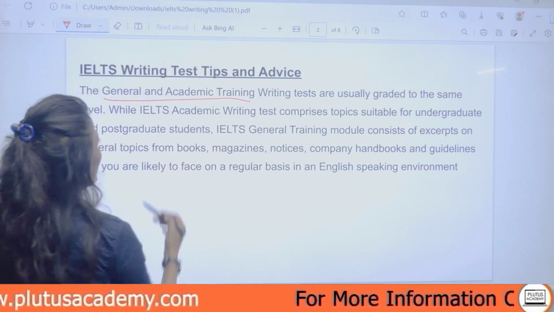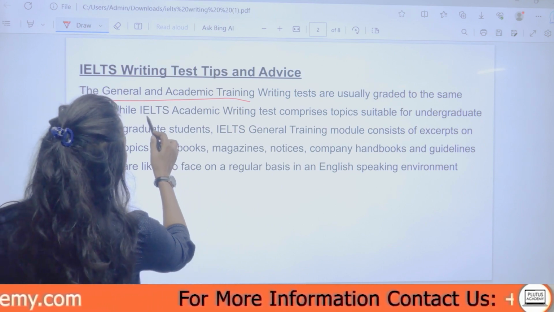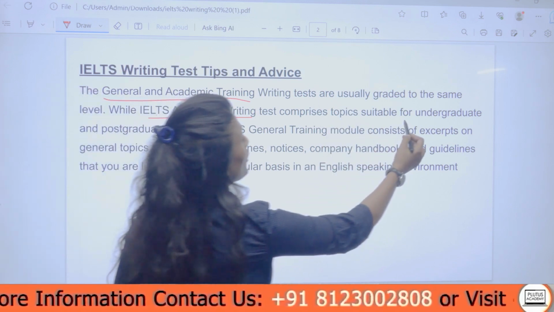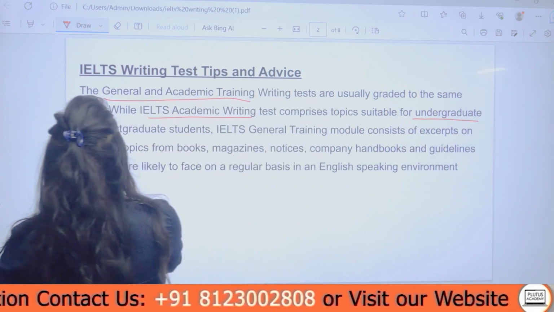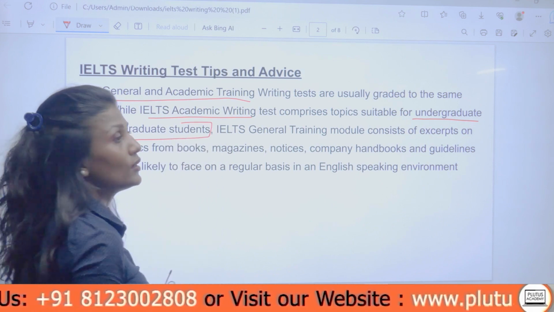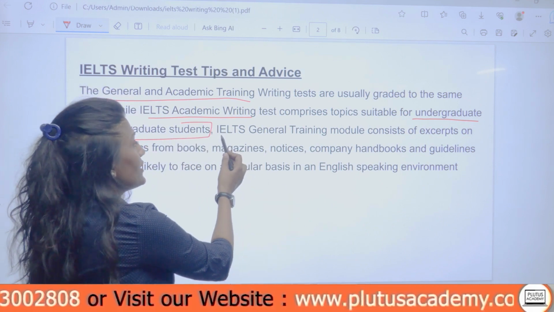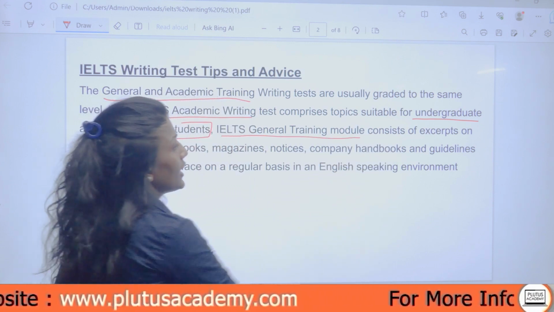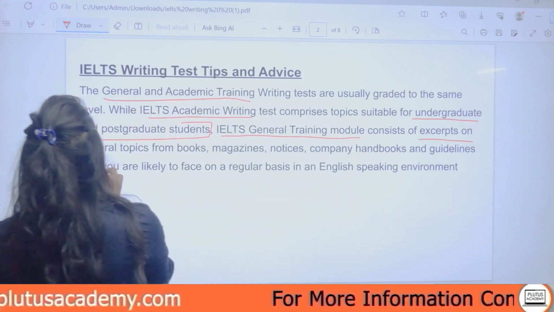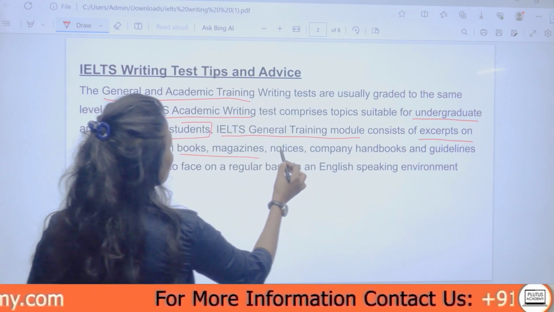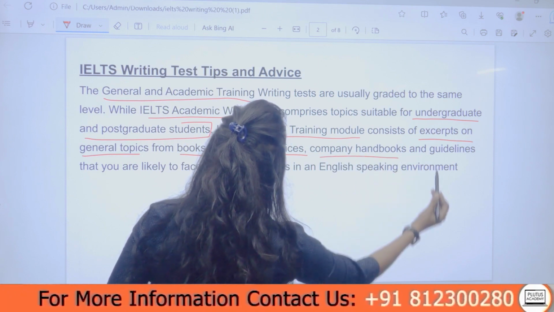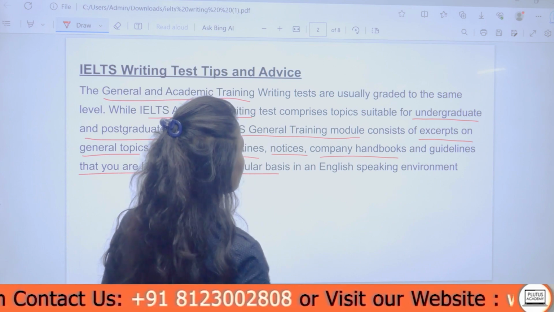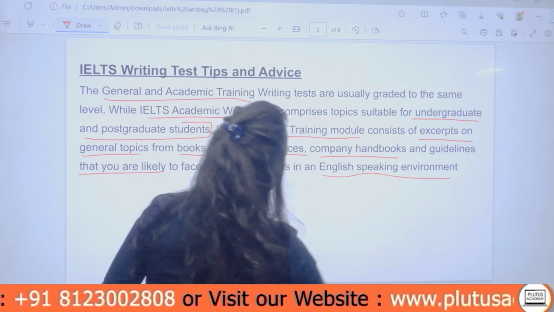Okay, so you would see that IELTS academic writing test comprises topics suitable for undergraduate and postgraduate students, whereas in IELTS general training module you are going to get excerpts on general topics from books, magazines, notices, company handbooks and guidelines that you are likely to face on a regular basis in an English speaking environment.